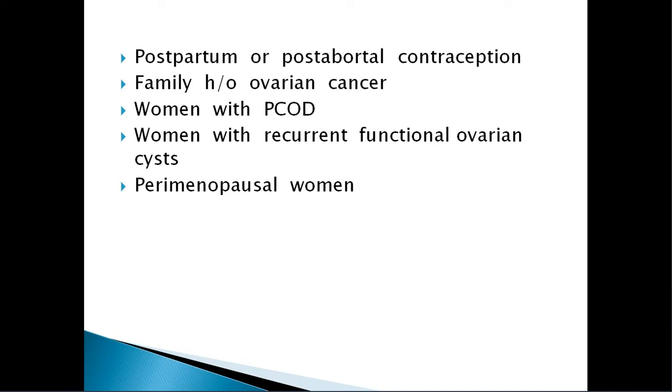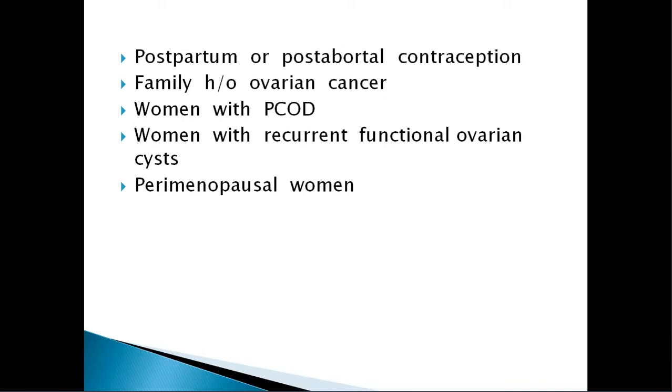Women with PCOD, or if there is a family history of ovarian cancer, which can be familial also. So if the family history is there in the mother or a sibling, then it will be ideal to put this patient on OC pills for contraception.